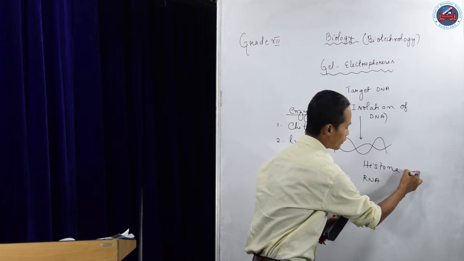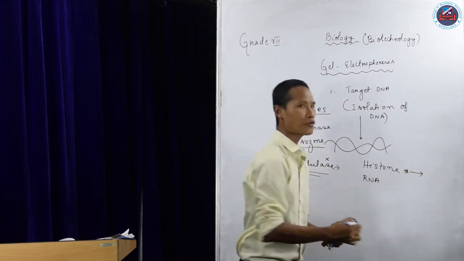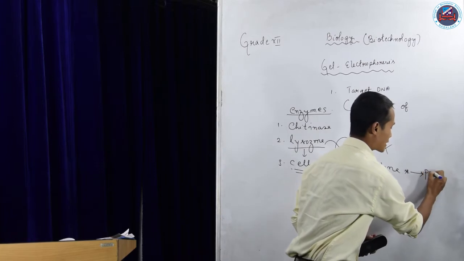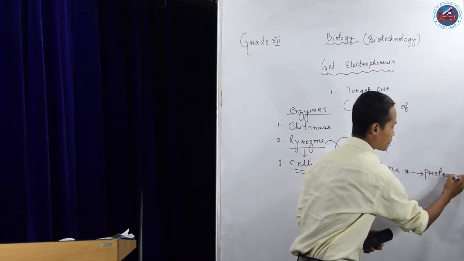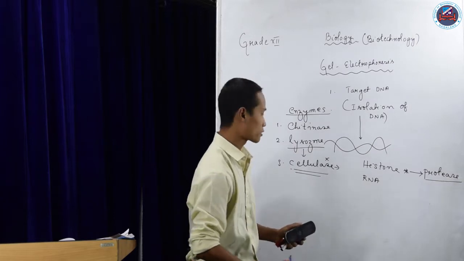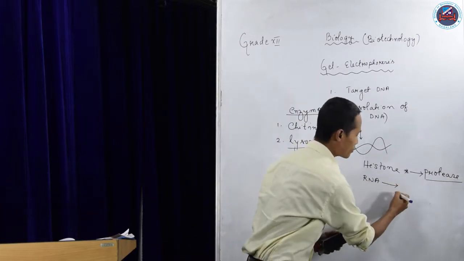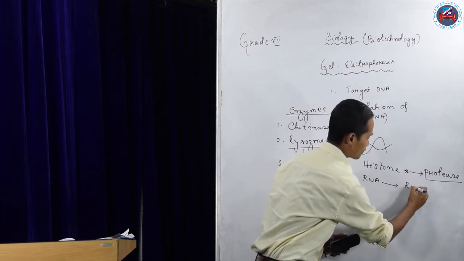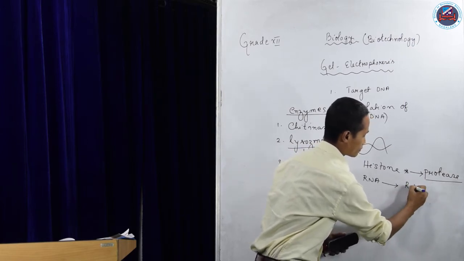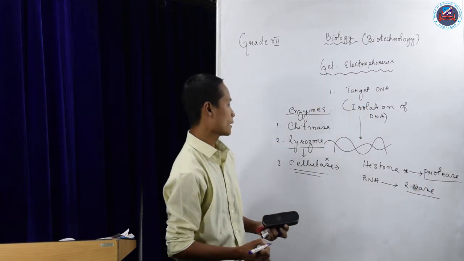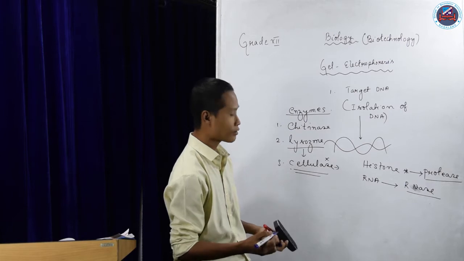Histones are proteins, so use protease, a digestive enzyme, to degrade the protein molecules. And if there is RNA, you can go for RNase, or ribonuclease.